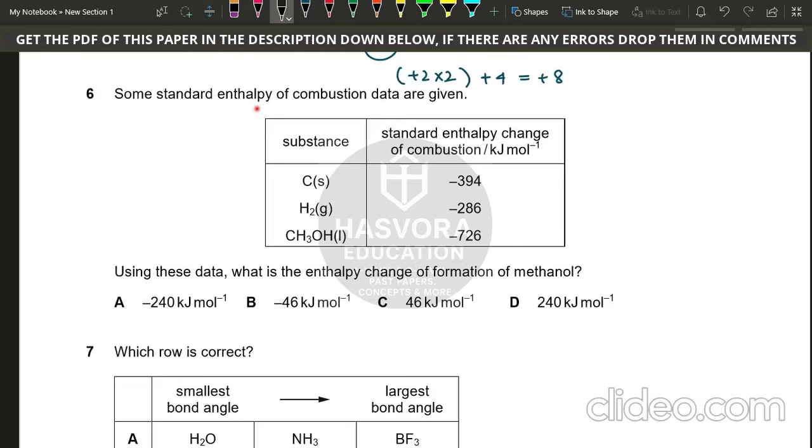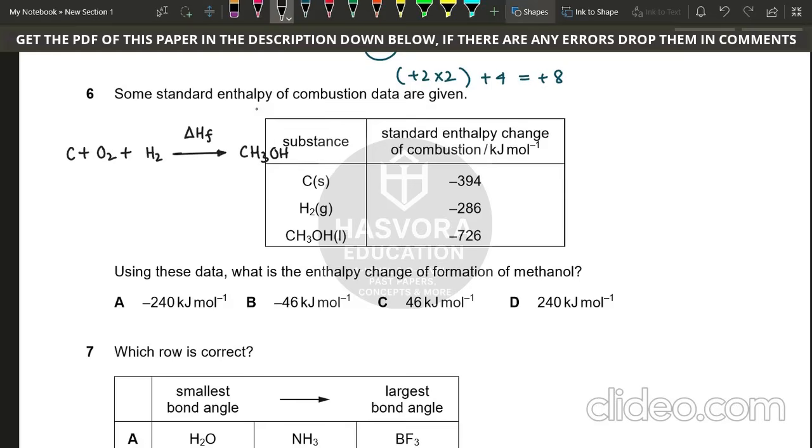So carbon plus oxygen plus hydrogen, and this is the formation, delta HF, and this is forming CH3OH. Now they have given you the combustion of each of them. You should know that every substance, whether it is carbon or hydrogen or methanol, is actually made of carbon compounds.